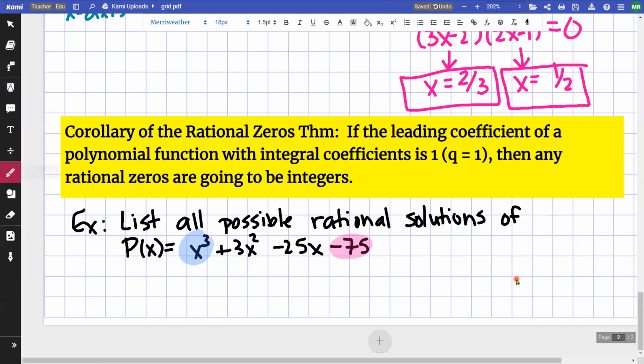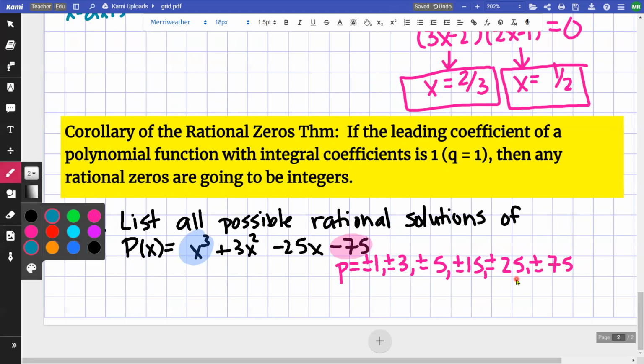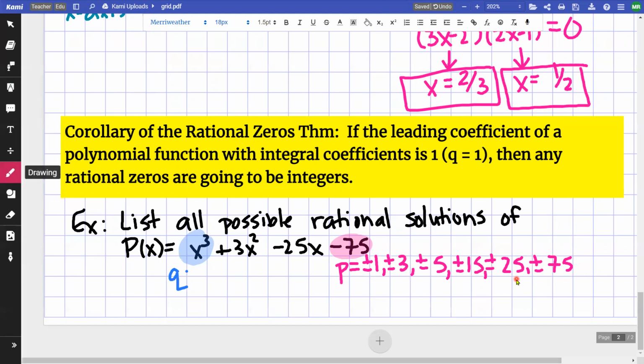Okay, so my P being a 75, I'm going to have as my choices plus or minus 1, plus or minus 3. 3 goes into 75, plus or minus 5, plus or minus 15, plus or minus 25, and plus or minus 75. That's a lot of choices. But the nice thing is that my Q is only going to be plus or minus 1.